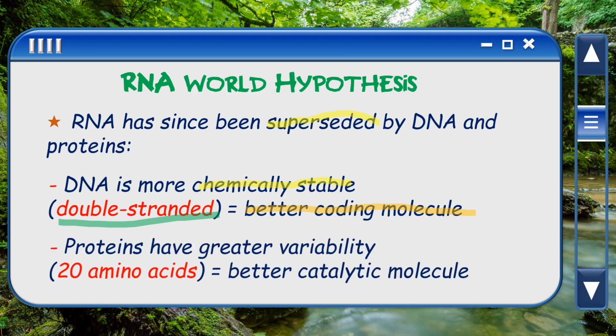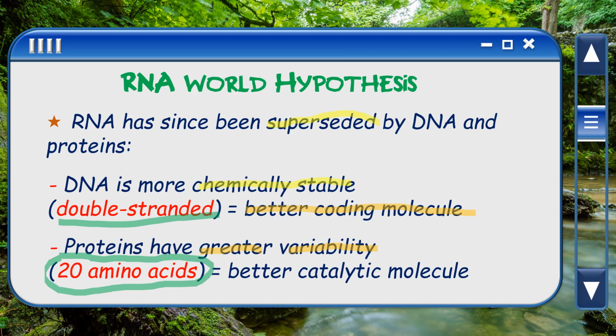Secondly, proteins have greater variability. Why? Because proteins can be synthesized from a combination of 20 amino acids.